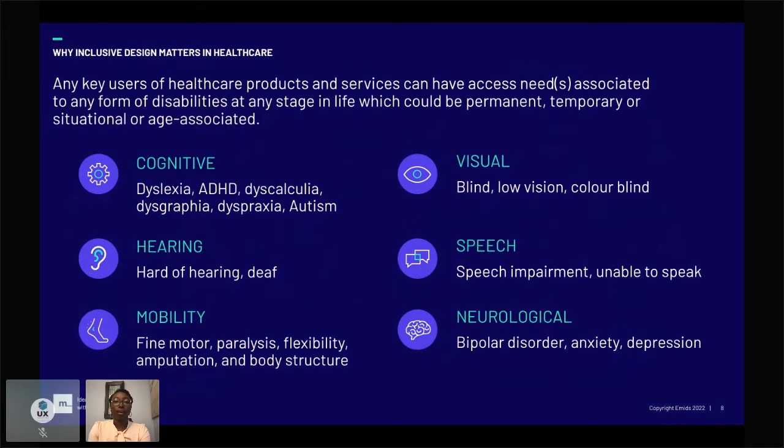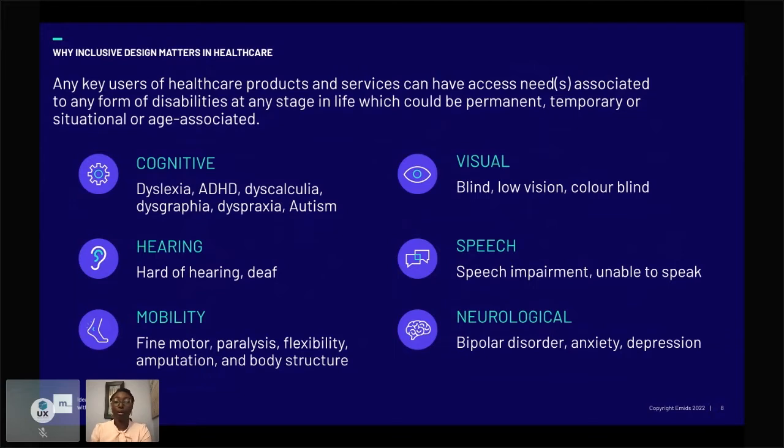And another point is that healthcare product, because it's an essential need, means that we might need to look beyond just designing for average users who might not have challenges interacting with platforms that are designed to work in a certain way, right? But think about the possibility of people having disability at different stages of their lives.